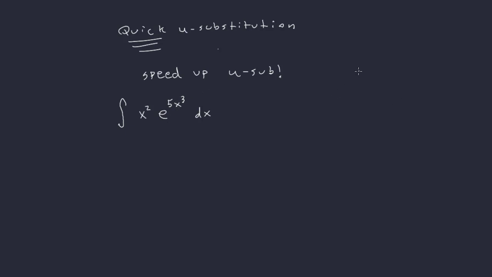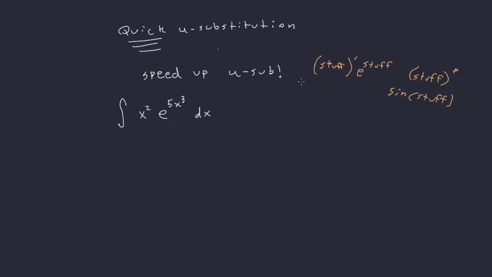We're always looking for like e to the stuff, stuff to a power, right? Like sine of stuff, you know, stuff like that. But for U substitution, it can't just be that. It has to be, say, e to the stuff with something close to the derivative of the stuff.